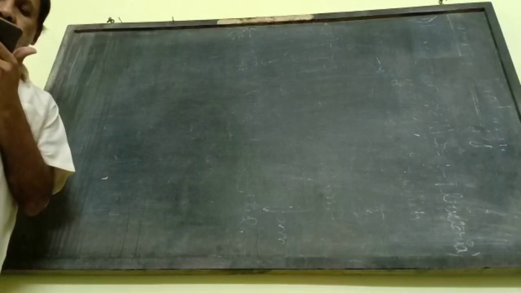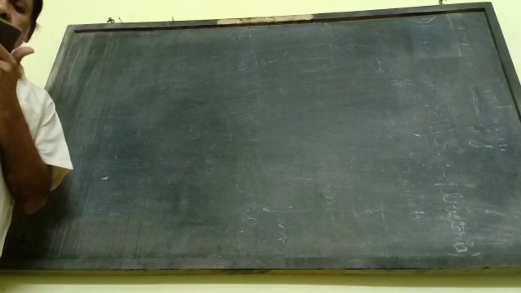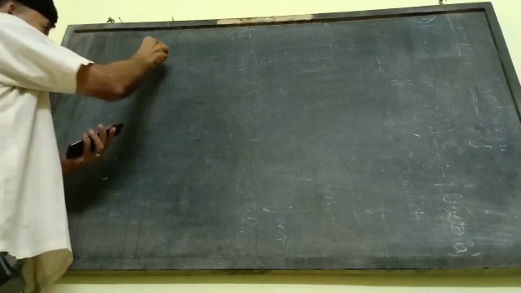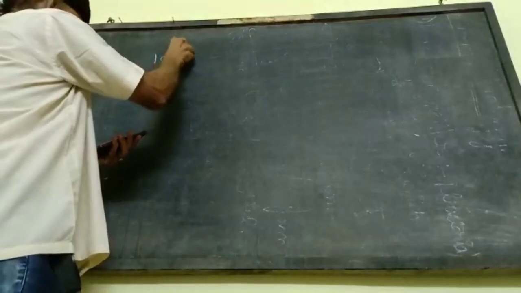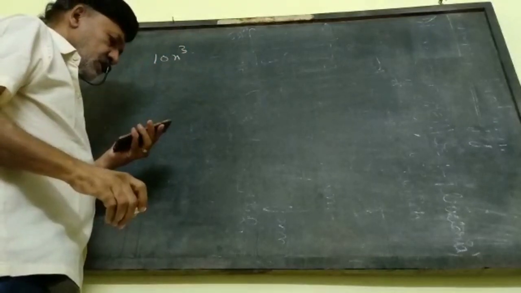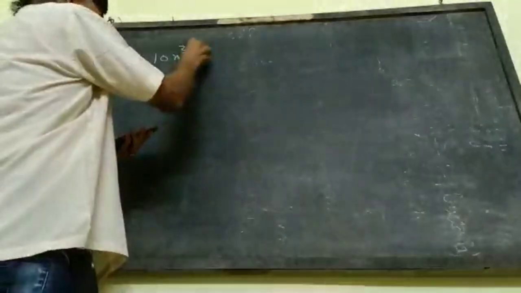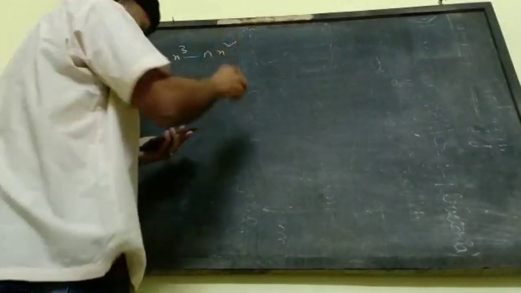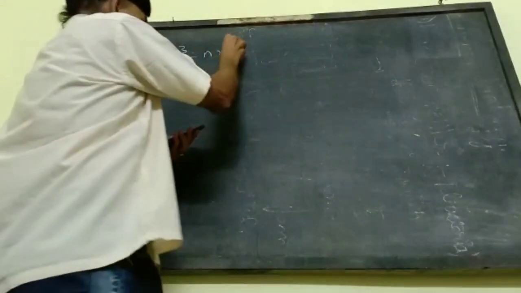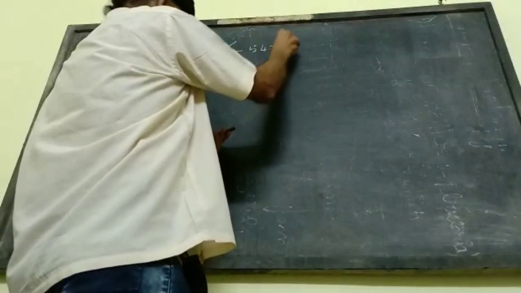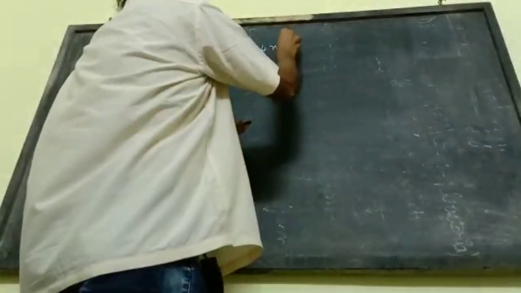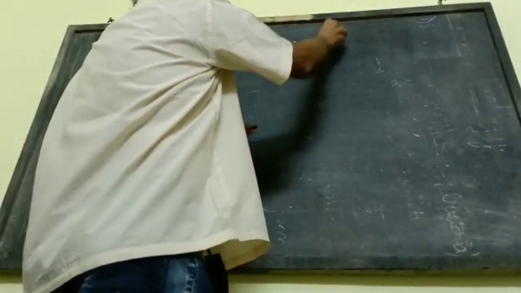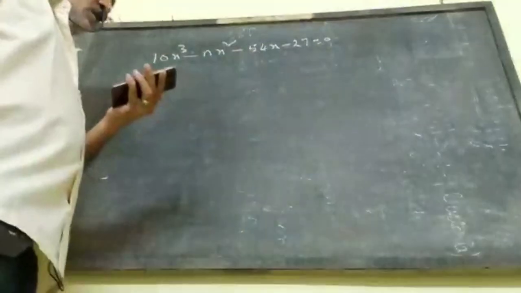The next question is, the roots of the equation 10x cube minus nx square minus 54x minus 27 is equal to 0 are in HP.